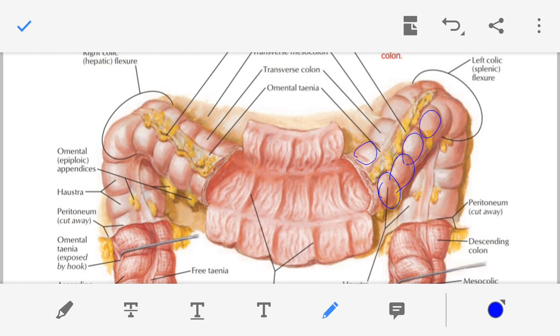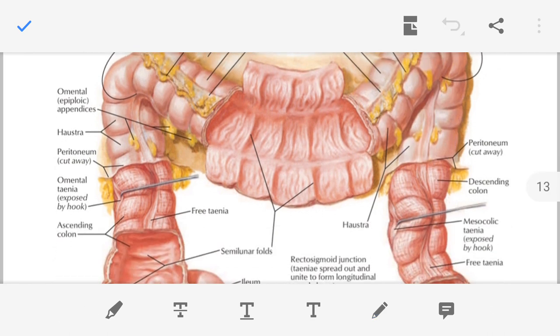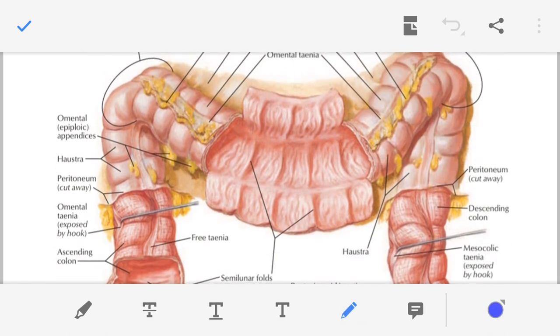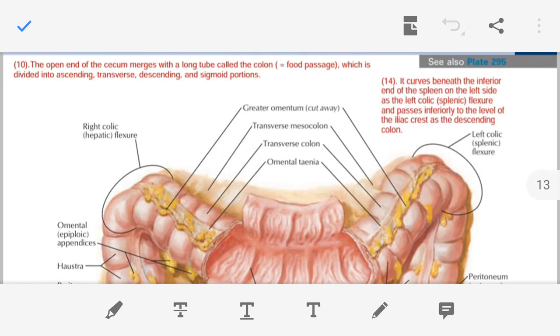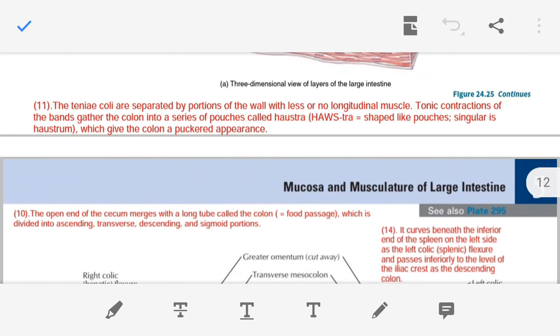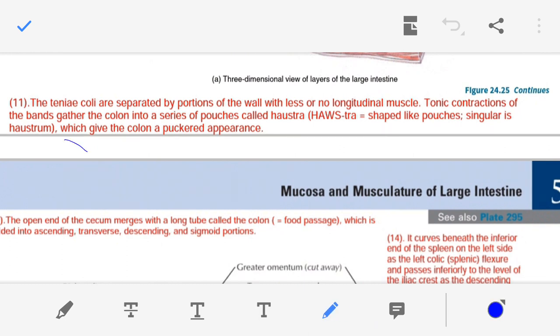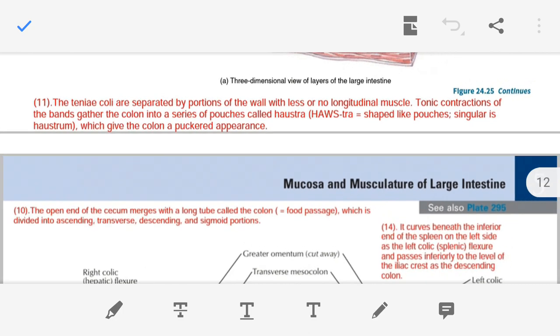So this entire surface of the large intestine wall looks like this, and this is the puckered appearance that they are talking about. So the puckered appearance is due to the haustra. So that was point number 11.